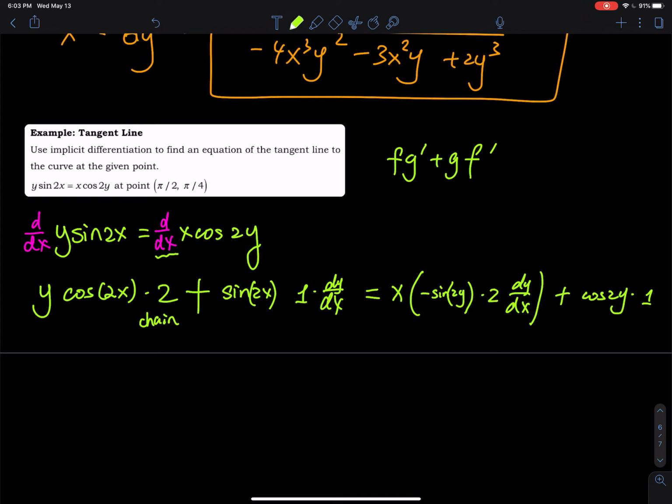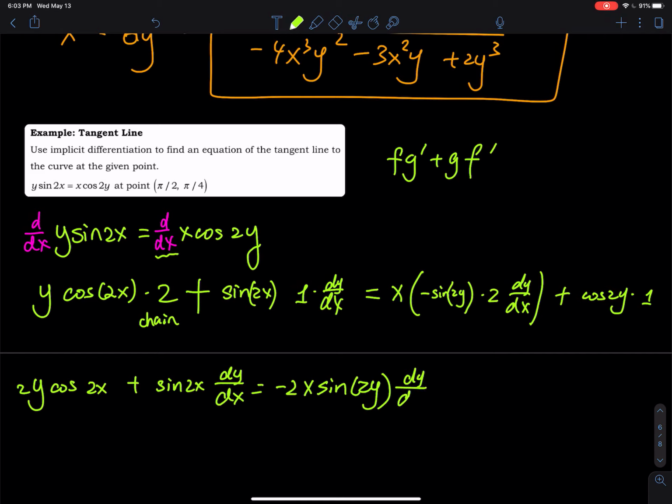All right, so we have y cosine 2x times 2, and then plus sine of 2x times dy/dx equals minus 2x sine of 2y times dy/dx, and then plus cosine 2y.